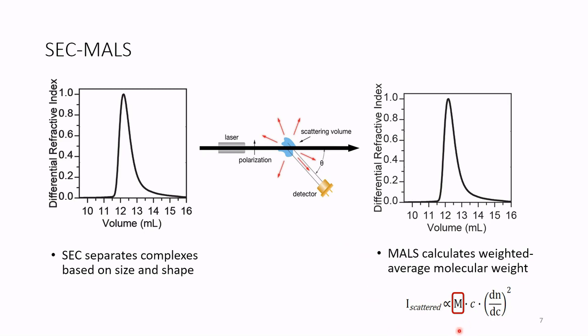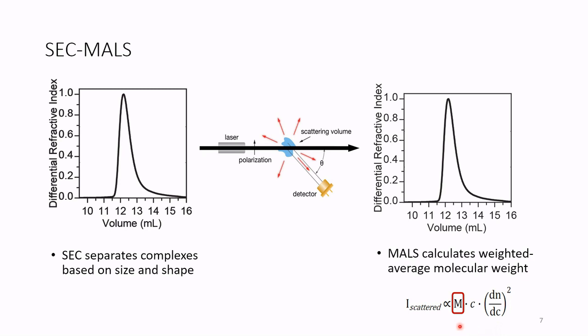It's calculated using this formula where we have the light scattering measured by intensity, the concentration measured by our refractive index system, dn/dc, which is the refractive index increment. It is constant for all proteins, and we can use that to calculate the molecular weight.